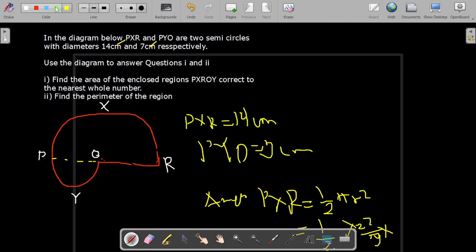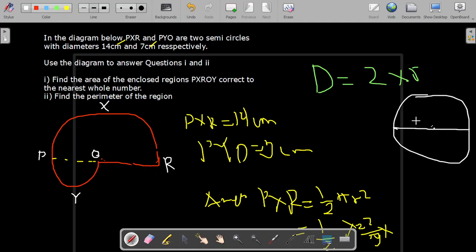If the diameter is 4 centimeters, then the radius is half of the diameter, which is 2 centimeters.